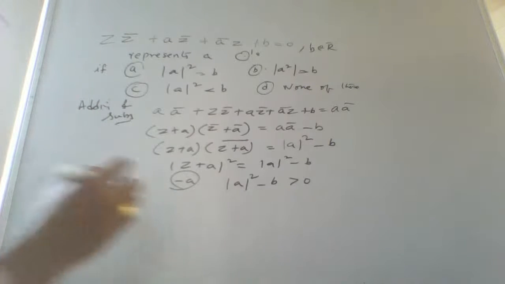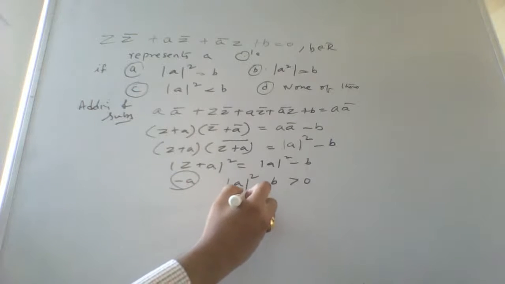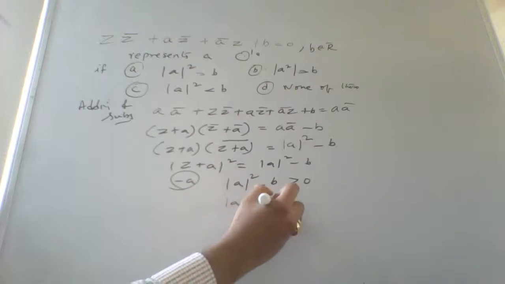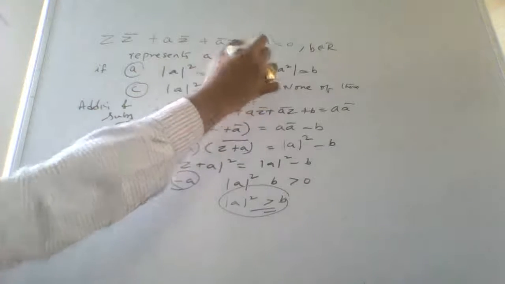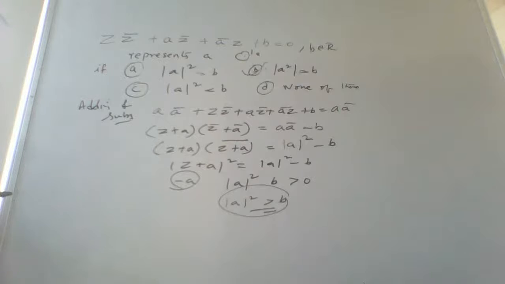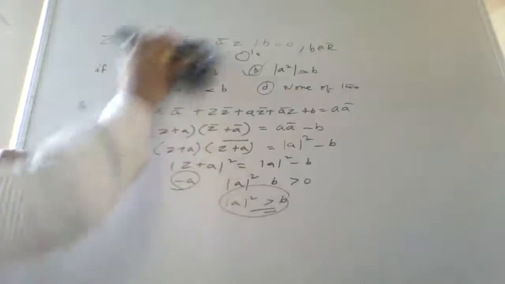So I can write this as mod a square is greater than b. So hence we got to the solution. So the solution is this here. I hope you understood this problem. Let me move on to the next problem.